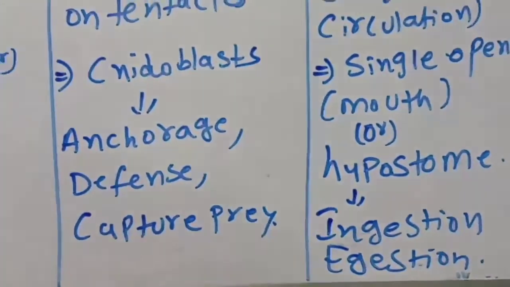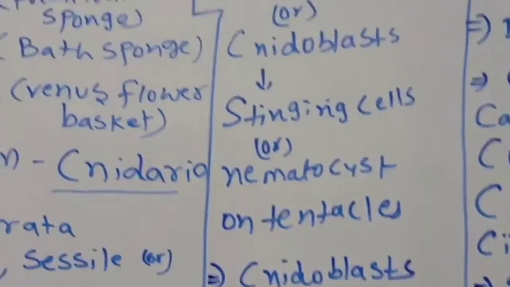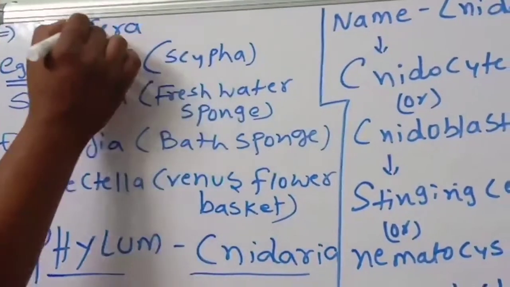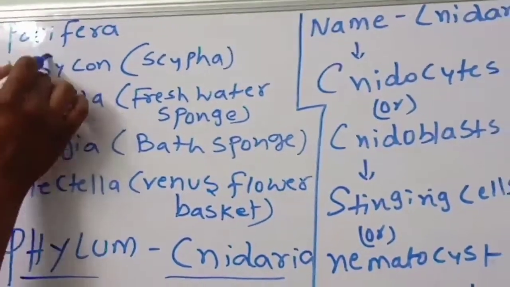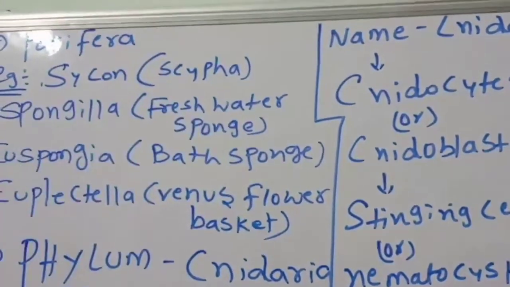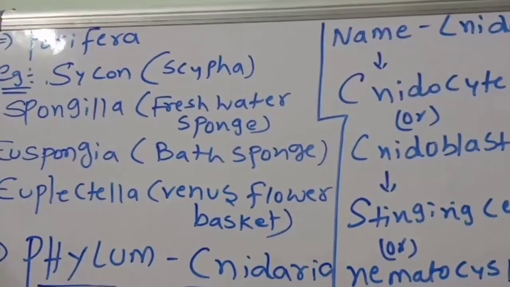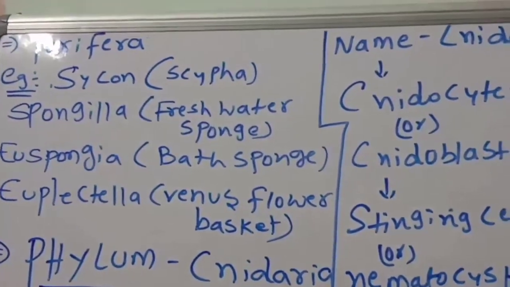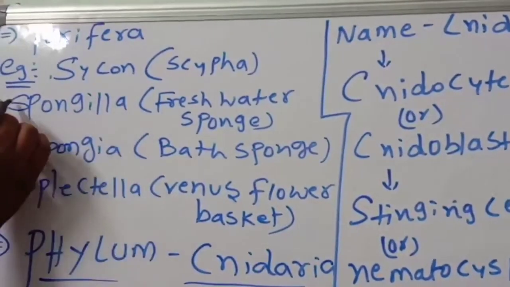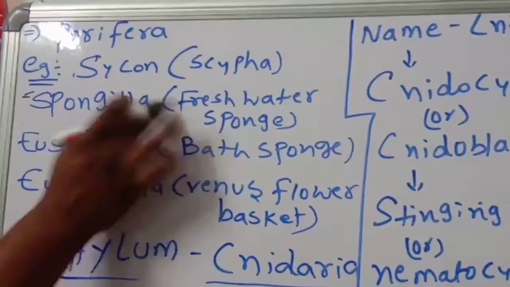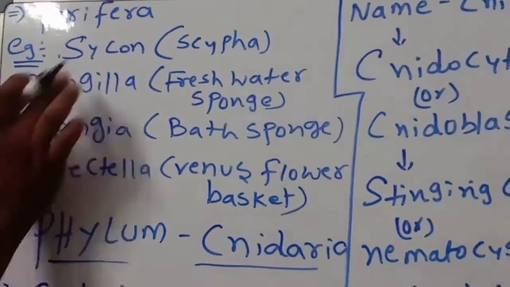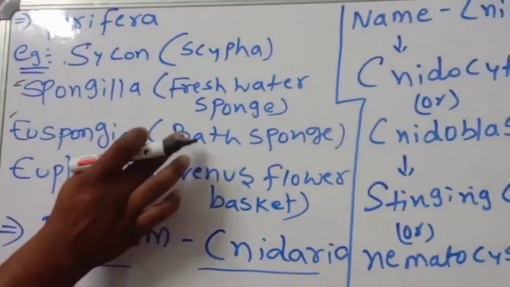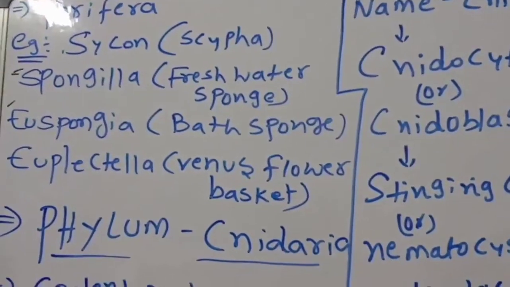Okay children, listen very carefully. Continuation of the last class: the Porifera we discussed. The Porifera examples are Sycon, which is Scypha. It's a freshwater sponge. And also one more freshwater sponge, Spongilla. Euspongia, the bath sponge, which is useful for bathing.